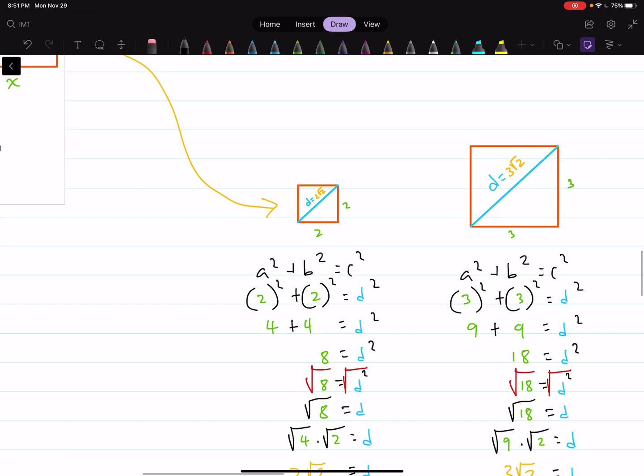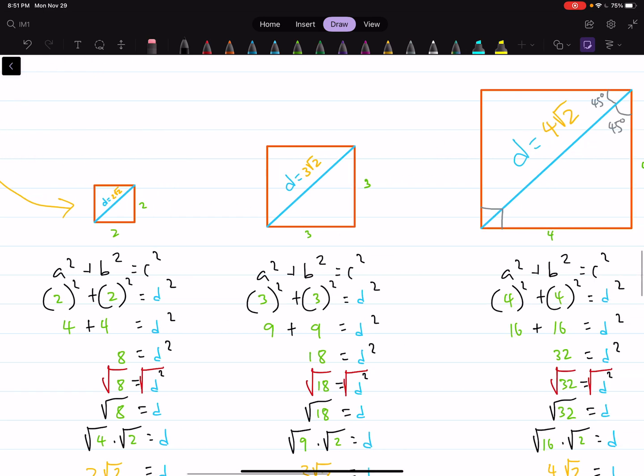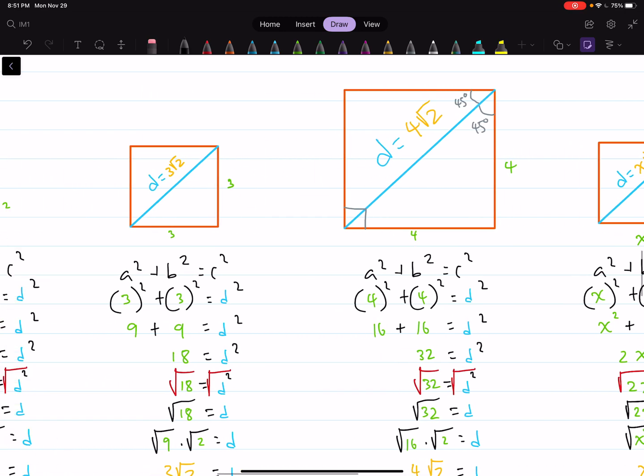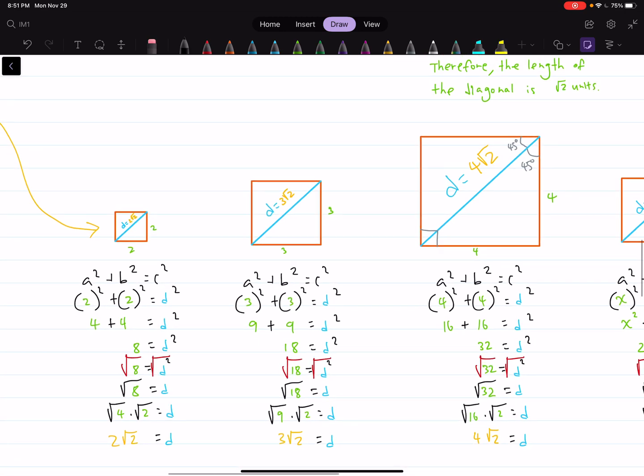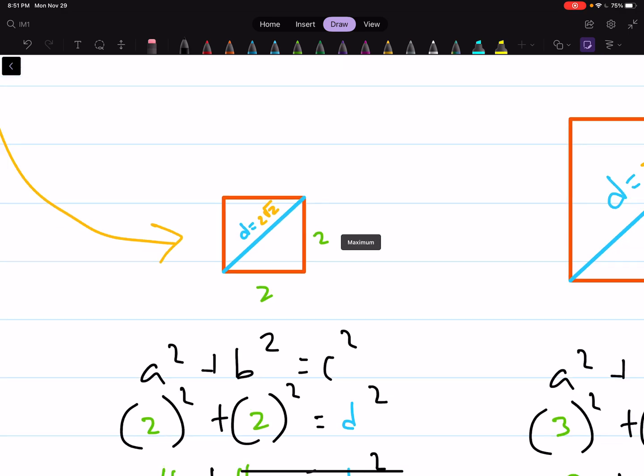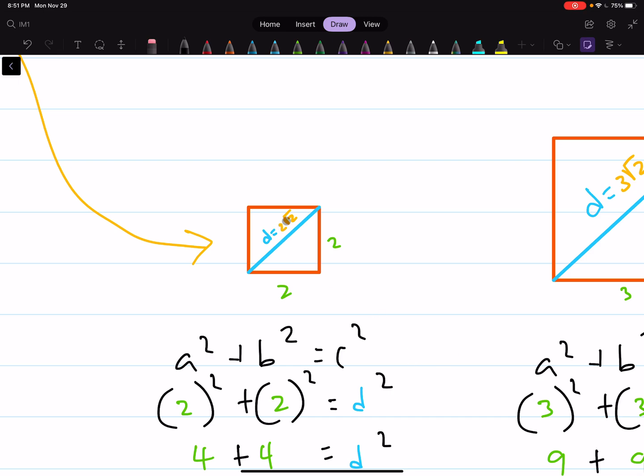So why is that important for me to discuss? The reason it's so important is because now we find a pattern. This is the pattern that I want you guys to see. I want you to pause the video and actually try to find the pattern for yourself. Okay, I'm assuming that you tried to find the pattern. The pattern is, look, the length of the diagonal is the length of the leg times square root of 2.